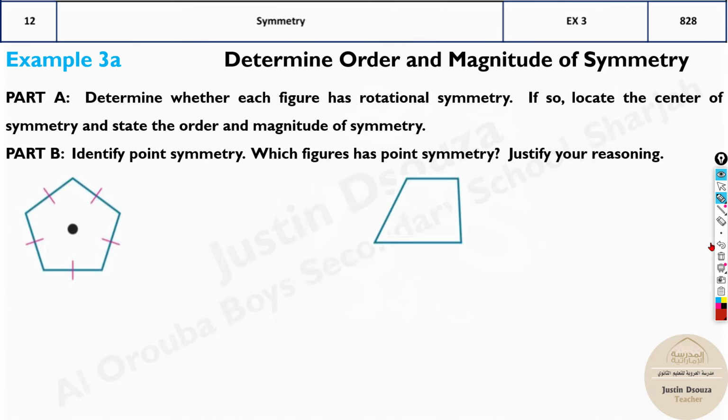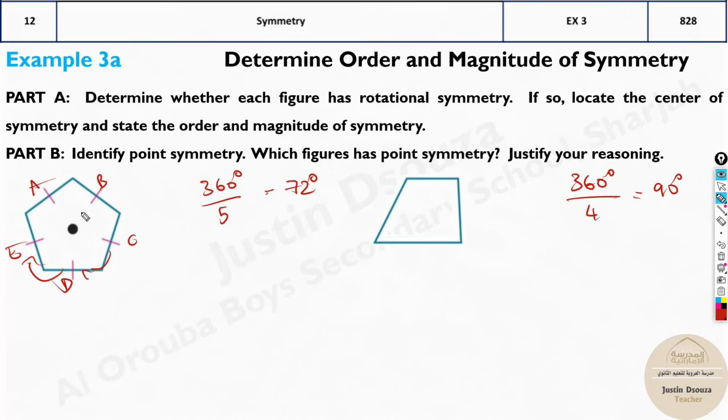So now over here, let me get those back. Let me just change the angle by 72 degrees. So what happens is this B moves over here, and that E goes over here, A over here, C over here, and this. So now here it's A, B, C, D, E, and it is mapping onto itself.